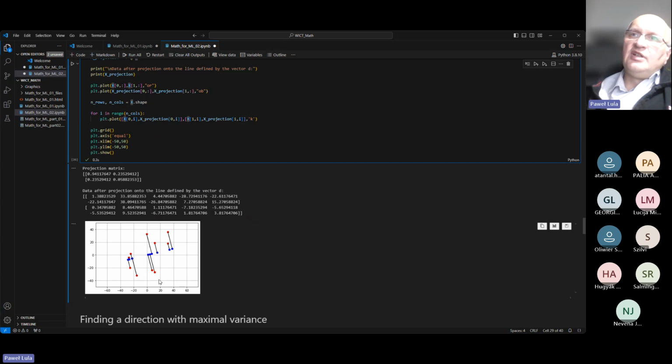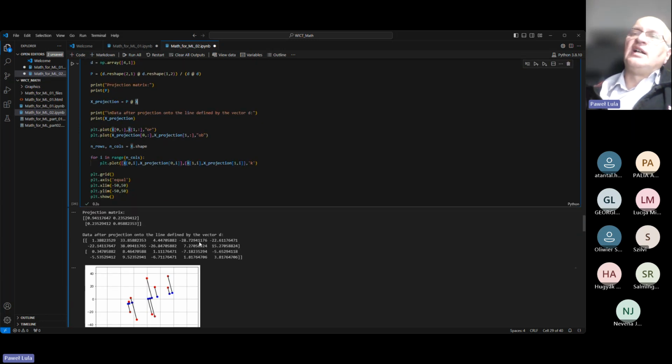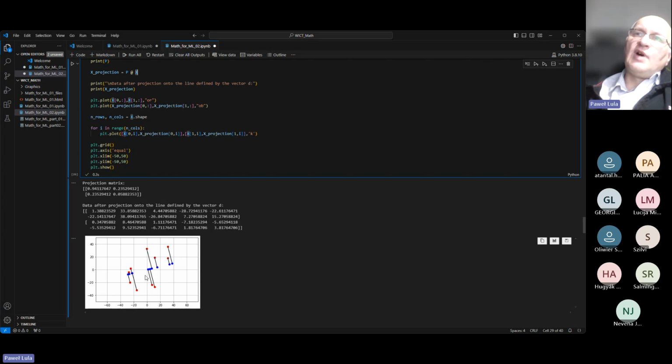Please look, so here this vector and these projections are here. For 4 we have 1. For 20 we have 5. We see that on this direction we have this line, and I found projections.